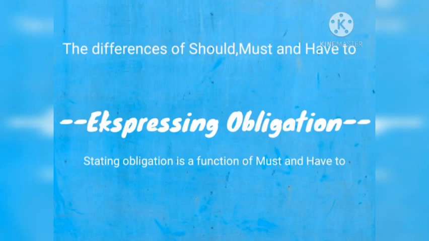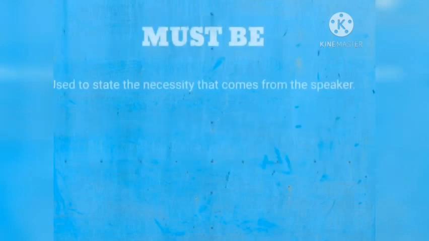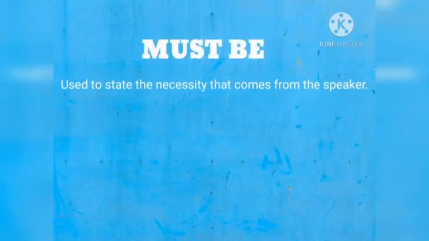The difference of should, must, and have to in various context expressions. The first is expressing obligation. So, stating obligation is a function of must and have to. Okay, we start from must.